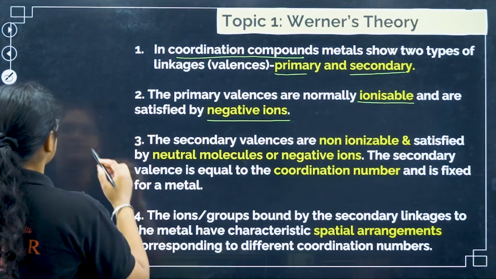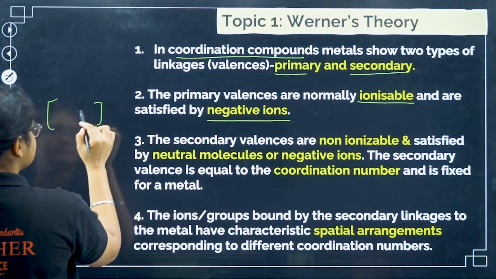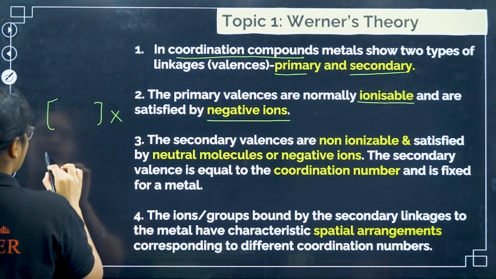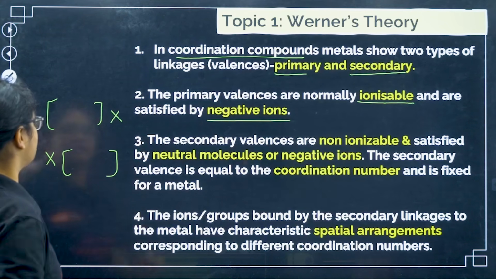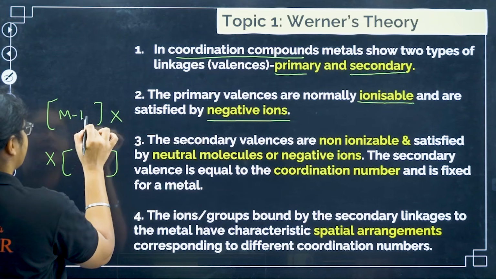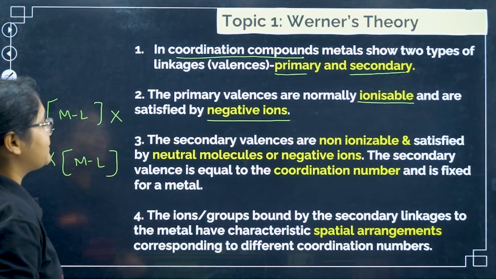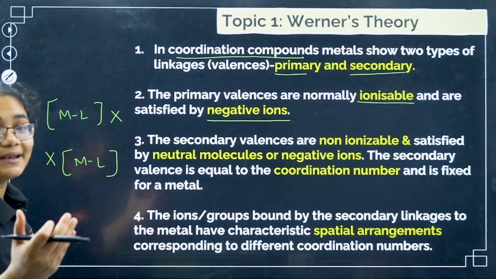If you see, a complex looks like this. You have something inside the square bracket and something outside, or something outside and then the square bracket. Here we have metal and ligand. The primary valencies are normally ionizable and satisfied by negative ions.